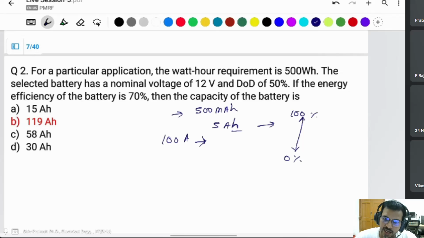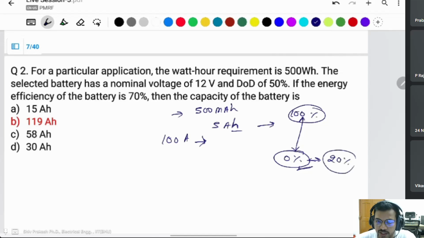In your mobile, the screen shows 0%, but in actuality it is at 20% of your rated battery. SOC is 20%, or 30%, like that. The 20% remaining charge is there also, but your screen shows 0%.